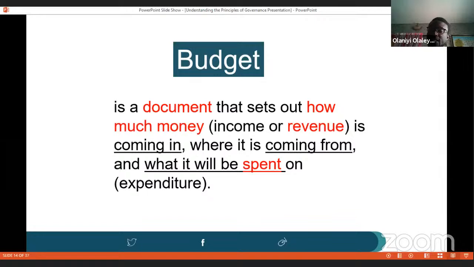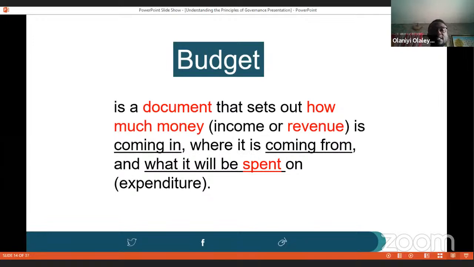So what do we mean by budget? Budget is a document that sets out how much money is coming in, where it is coming from, and what it will be spent on. We're always trying to simplify these budget terms to people for easy understanding. The budget is divided into 2 components. The first component is the revenue.